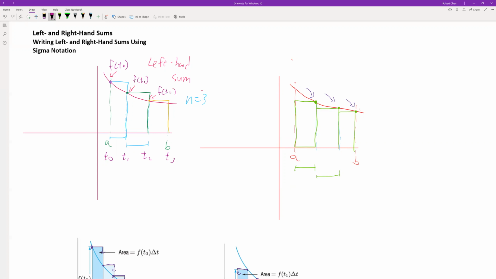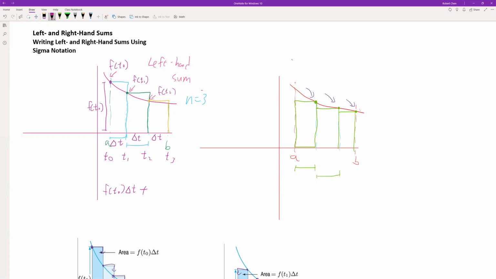So let's find the area of the first rectangle. The height of the rectangle is f of T0, and the width is how big we make those intervals, which is called delta T. The width for every rectangle is delta T, and the value is going to be different. So if we add up the 3 areas, the first is f of T0 times delta T, height times width.